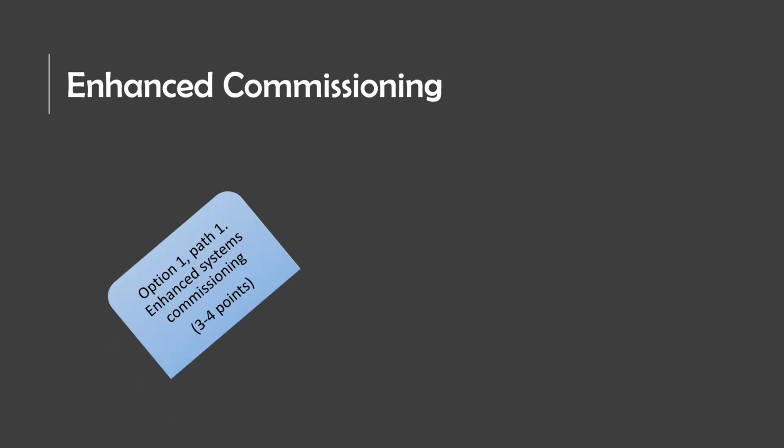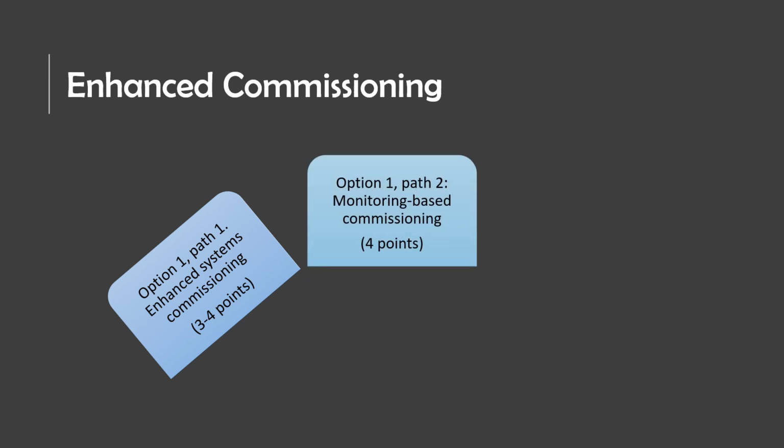Option 1, Path 1, is to verify the training, seasonal testing, and ongoing commissioning. Option 1, Path 2, is to develop a monitoring-based procedure and identify points to be measured and evaluated to assess performance of energy and water-consuming systems.